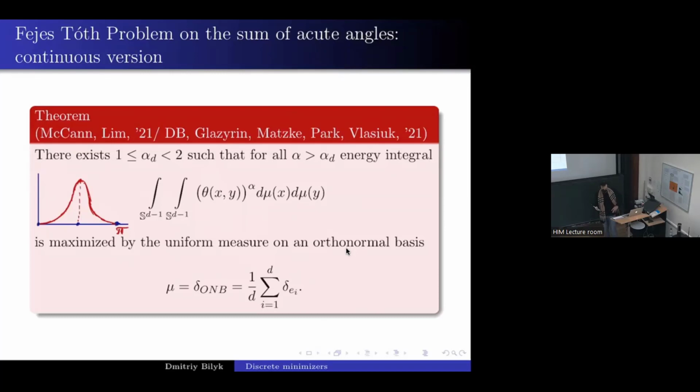We almost immediately noticed there's a very simple proof that shows this holds for alpha greater than or equal to 2, and we emailed them about that. At a very low level, the reason alpha equal to 2 is easy is that when you look at this geodesic distance, the arc cosine, the derivative of arc sine is singular at 1, but when you take powers large enough, in particular power 2, it's not anymore.